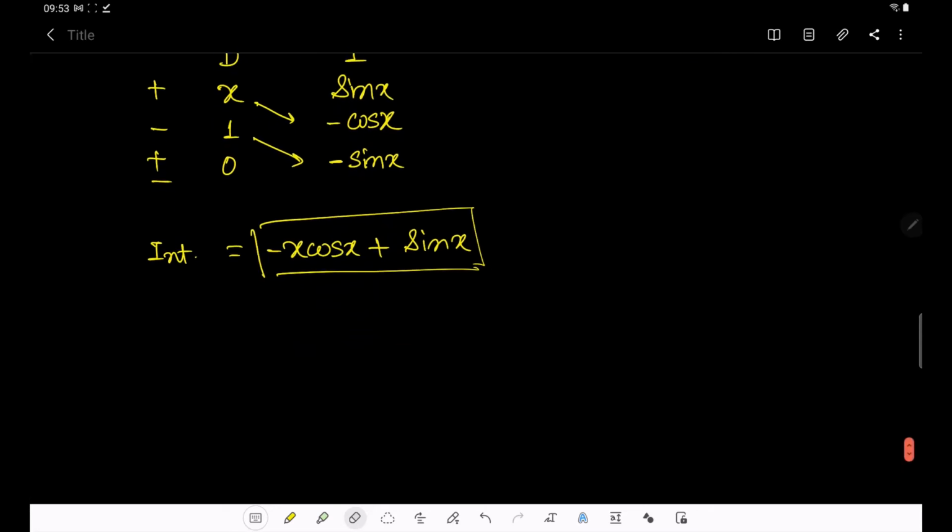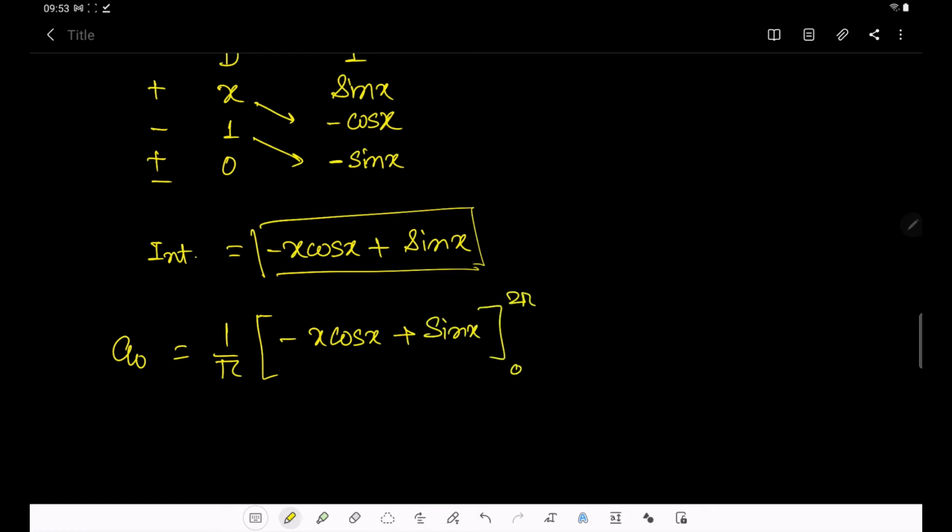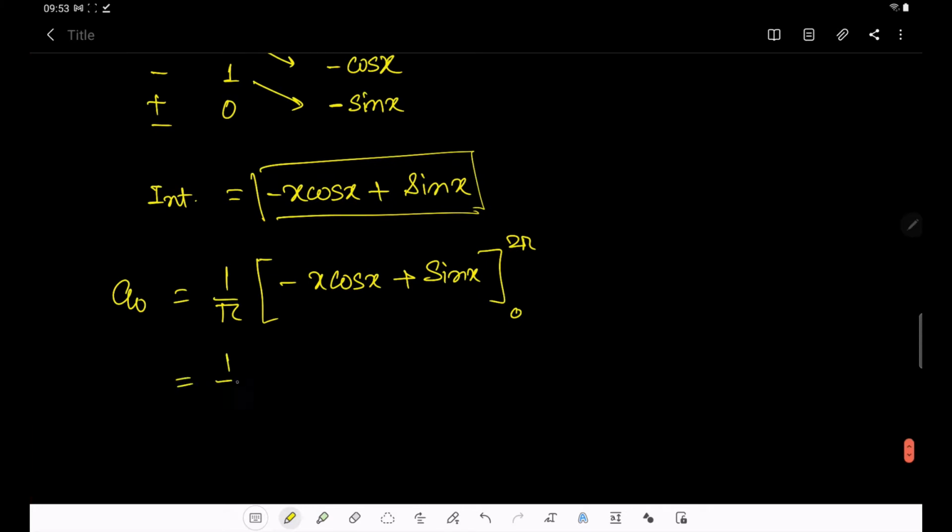Fine. So we can write that a0 is equal to 1/π times the integral. Now we have to use the limits, 0 to 2π. So it would be 1/π times minus 2π cos 2π, and the other terms will be 0.